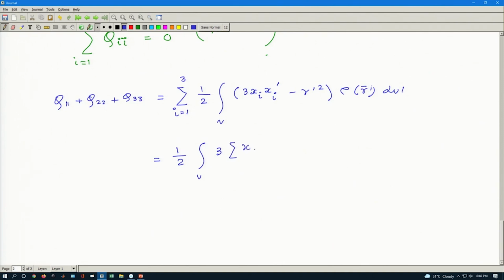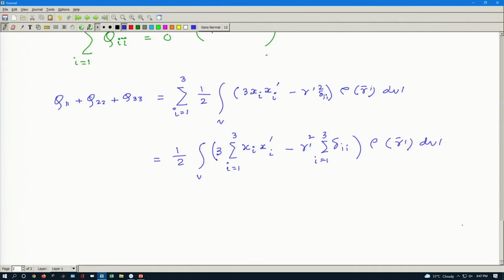So, it should be x_i prime, i goes 1 to 3, and then minus, let us put delta_ii here for convenience, and then r prime square and this sum over delta_ii, again i goes 1 to 3, over rho of r prime dv prime.